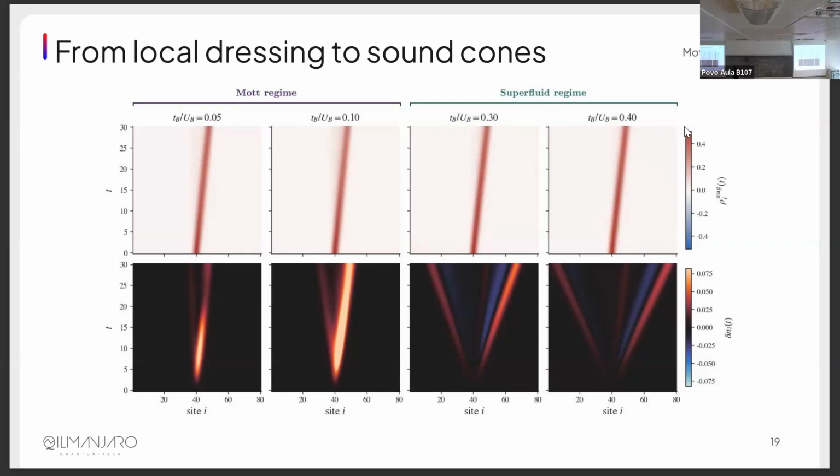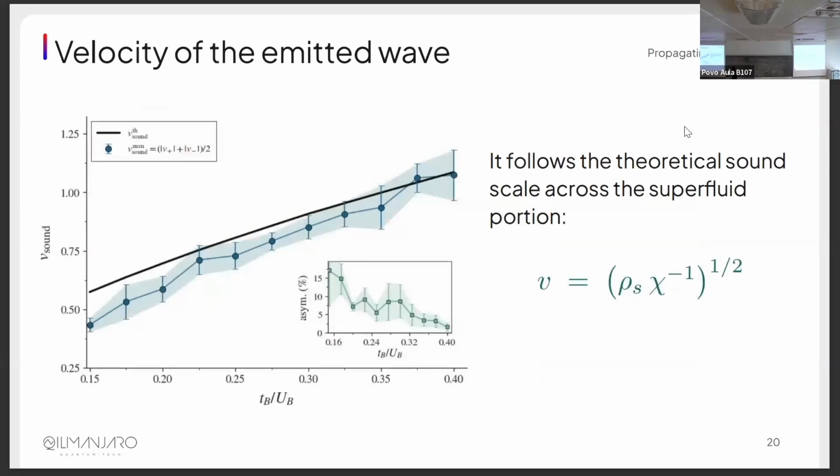But in the second plot, with the same values of lambda, we clearly have a wave propagation in the bosonic part due to the interaction with the spin part. So what we do is measure the speed of this wave cone, and we check it against the prediction. We see that when we increase J over U, when we are in the superfluid regime, the prediction matches the numerical simulation better.